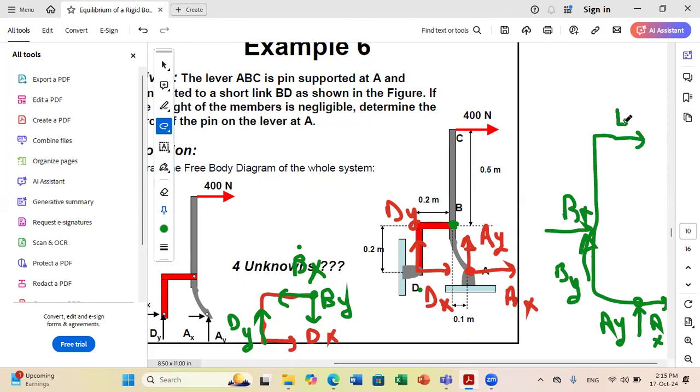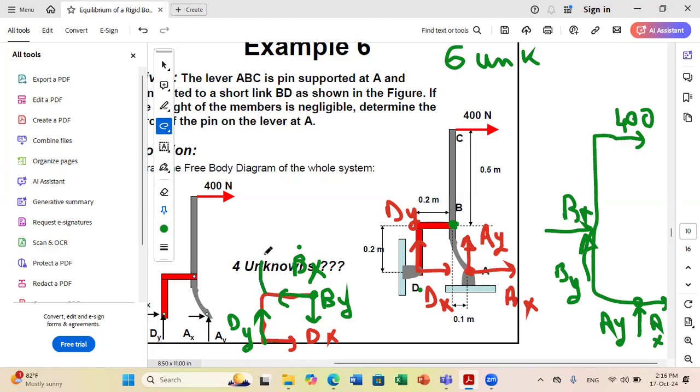Now, how many unknowns do I have in this case? I have 6 unknowns: AX, AY, DX, DY, BX, BY. It's true that I have more unknowns now, but I also have more equations, because for a rigid body, I can write 3 equations in 2D.